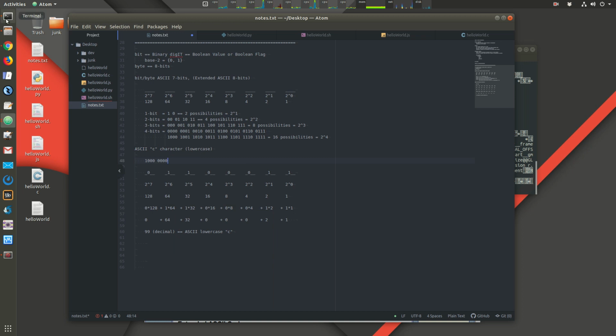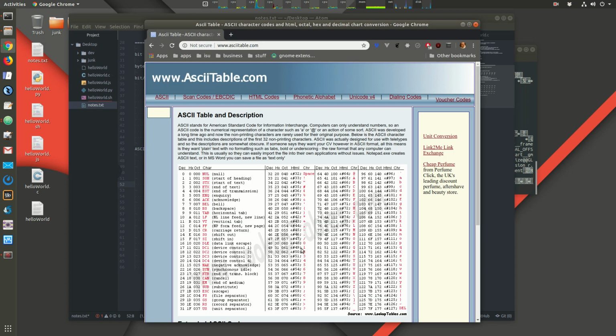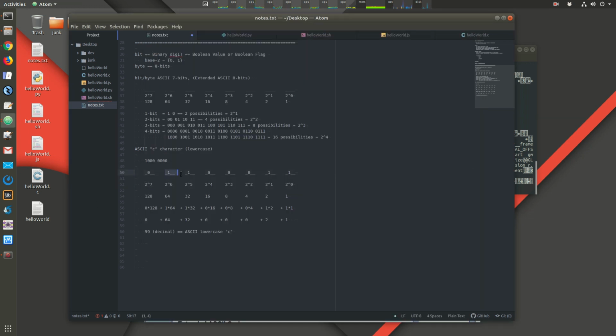That's already greater than our ASCII table. We have a 1 in the 128th place, which already makes the number bigger than anything in our chart. So the ASCII characters themselves are only 7 bits.